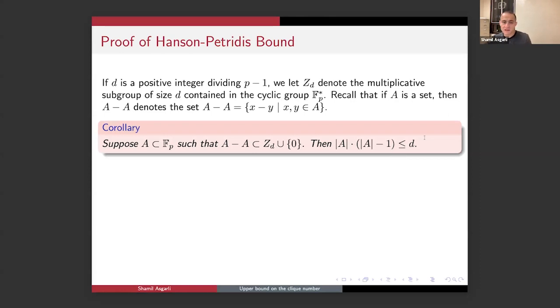So this is a pretty interesting and general result about the structure of the set Z_d. So what are we really saying here? Let's think about the definition of Z_d. Z_d is a multiplicative object in its nature because it's the multiplicative subgroup of size d. And here we're imposing an additive structure. We're saying A minus A, which is certainly an additive structure, is contained in a multiplicative structure.